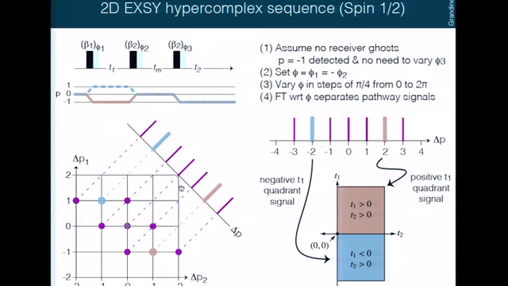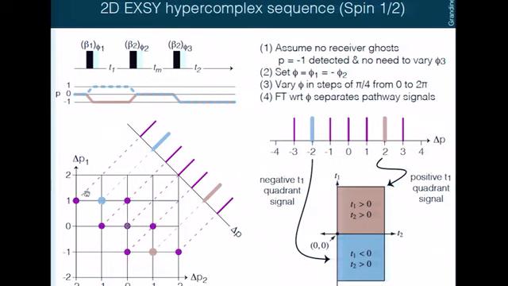Now, if you look at the 2D delta P1, delta P2 experiment, you can see here's where all the signals are. The one that we want, which is the pathway, is this one right here of -1, +1. And then the other one that we want with the negative time is right here. You can try to work out why these other ones show up from all other possible pathways.